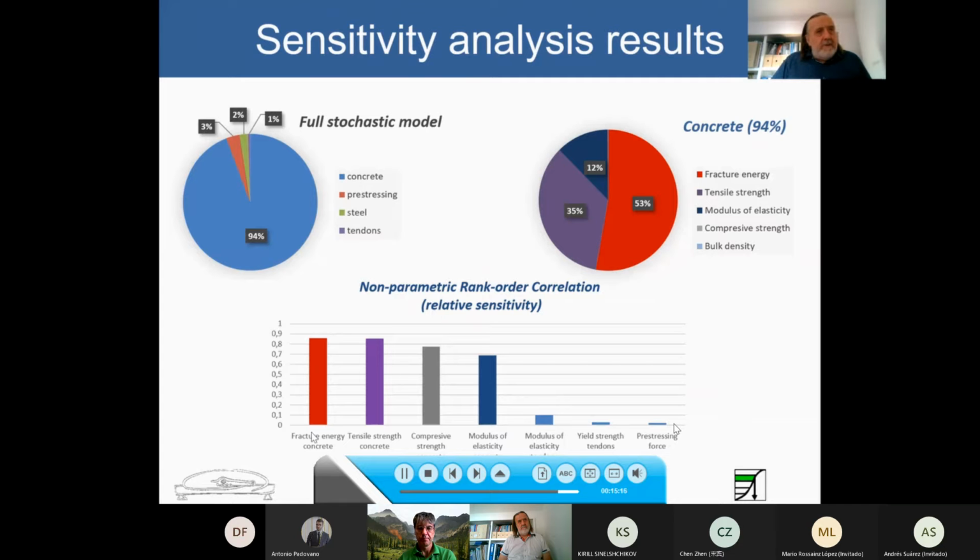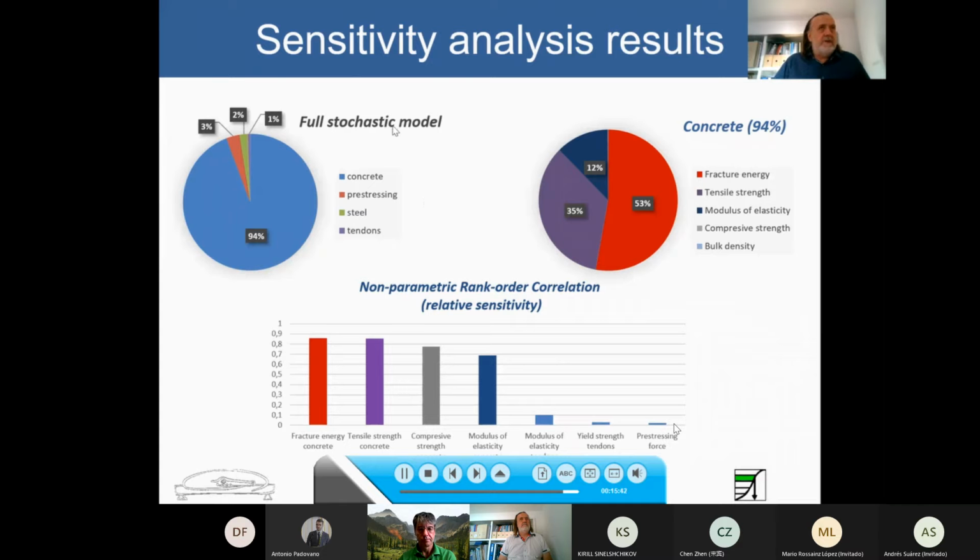The most important parameters are fracture energy, tensile strength of the concrete, compressive strength of the concrete, and modulus of elasticity of concrete, and other parameters are here. These are relative, but in an absolute sense, sensitivity based on coefficient of variation will tell absolute influence.